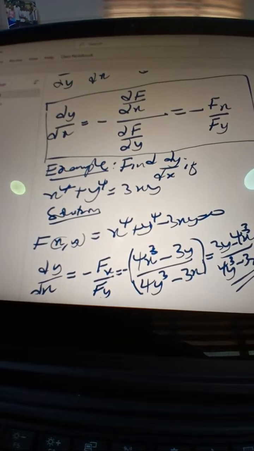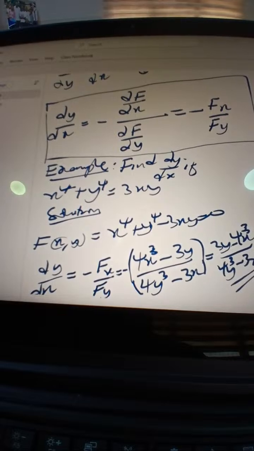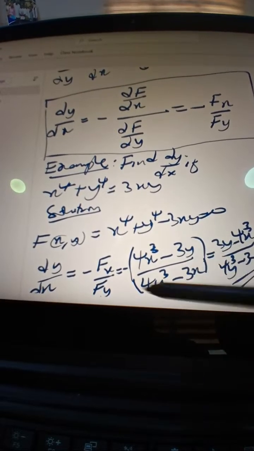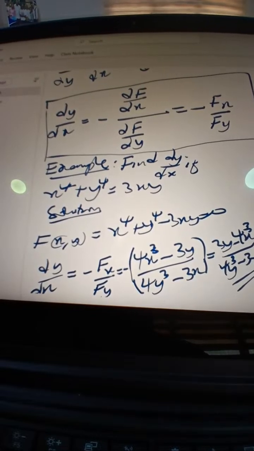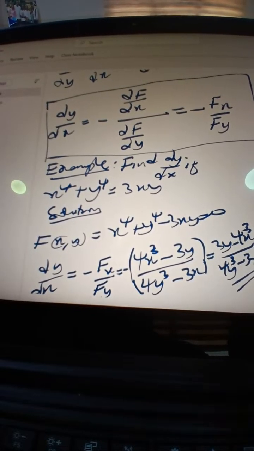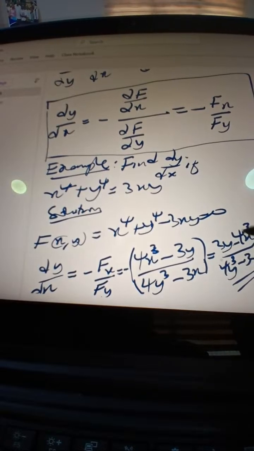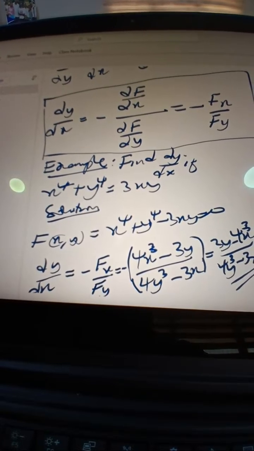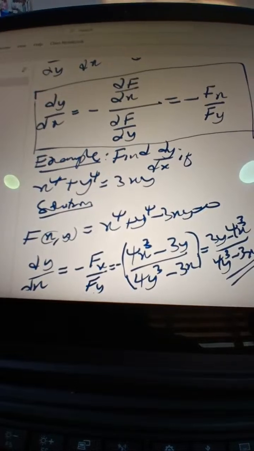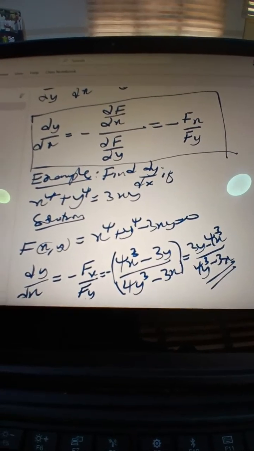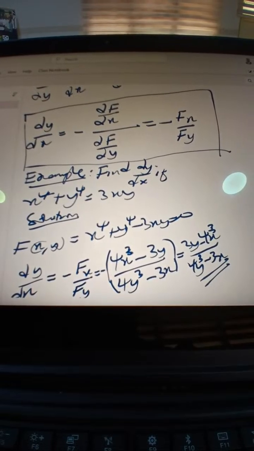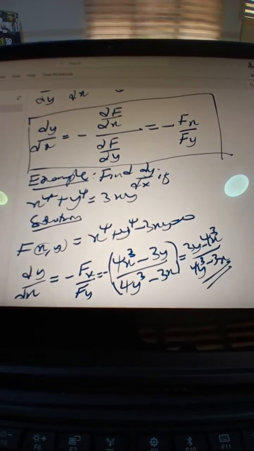Now, that's where we end. Remember that we have our negative sign there, and that will be applied to the numerator, and that gives us what we have over here. So that does it for this example. Look at it carefully.